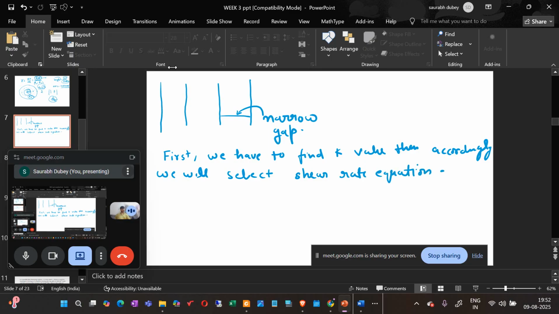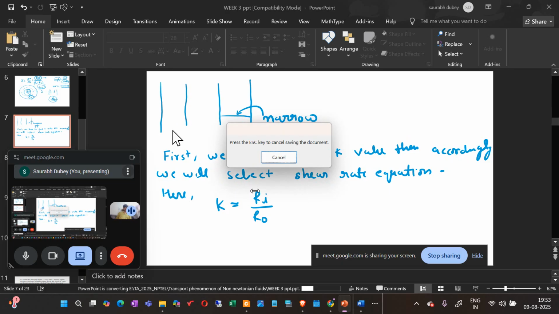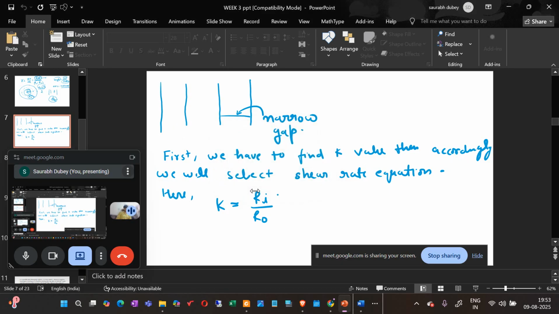Okay. In this case, K is what? K equals Ri divided by R0, right? Ri divided by R0 can be calculated as 20.04 divided by 20.08.